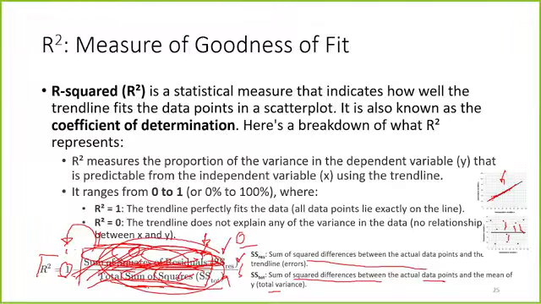You can just use average, and if you use average your r square will be 0, right?